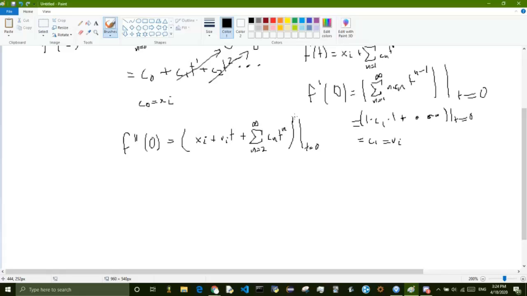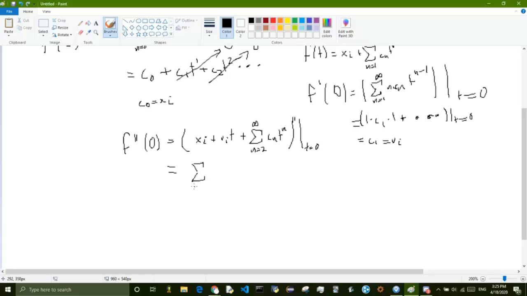So the second derivative, right? Any polynomial with a degree less than the derivative you're taking goes to 0, right? So t to the 1, and you're taking a second derivative, that goes to 0. t to the 0, 0 is less than 2, so that also goes to 0. So all the terms outside of the sum go to 0, right? Inside the derivative, this is a pattern, right? So the second derivative will be n, then n minus 1, cn t to the n minus 2.